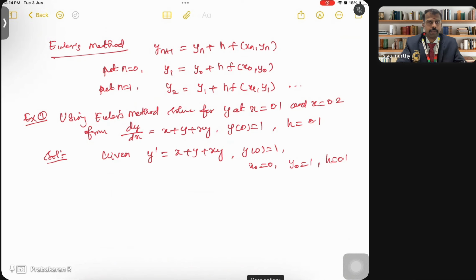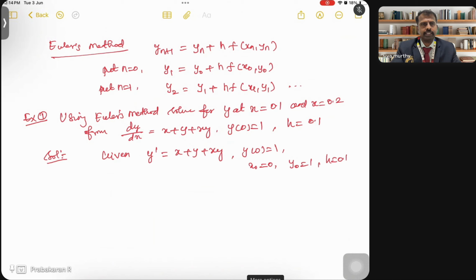Sometimes h is not given. In that case, first of all, listen to the problem. Here they are asking for y at x equal to 0.1 and 0.2, right? See the difference between these two values. What do we mean by difference, students? Difference means h = b minus a.